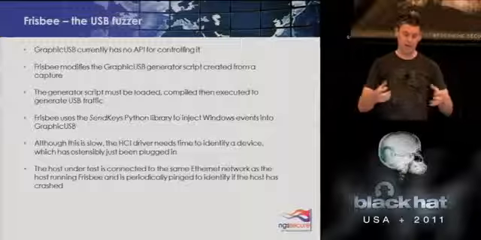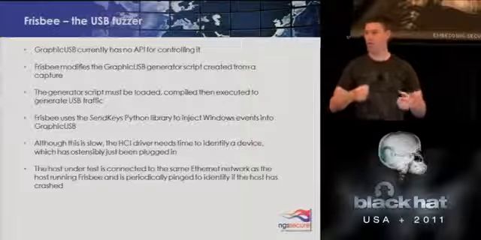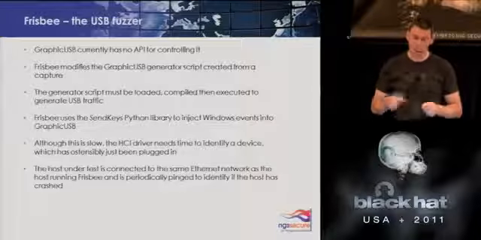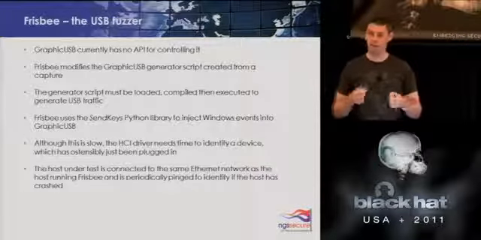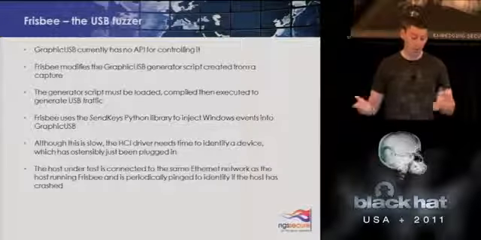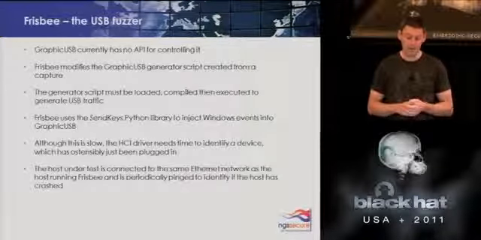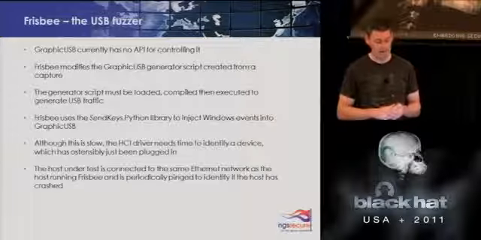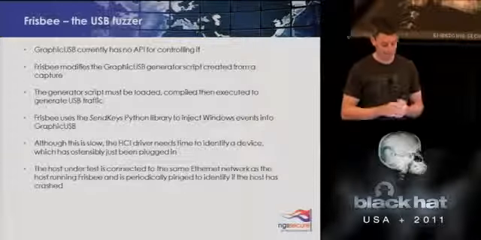Because it's expecting it to be in human time rather than computer time, if you try and speed that process up, the code hasn't been written to cater for that. So although this is relatively slow, you wouldn't benefit from it if we could make it faster.